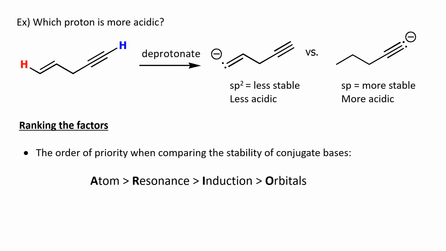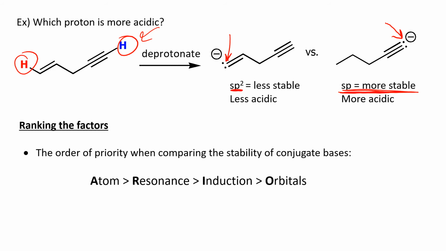So if we look at an example, we want to decide which proton is more acidic. Just like every single example, we have to deprotonate and compare the stability of the conjugate base. So let's first look at our lone pair that happens to be on an sp2 hybridized carbon, versus when we deprotonate the second proton, our lone pair is on an sp hybrid carbon, so that sp hybridized carbon can more easily stabilize that negative charge.